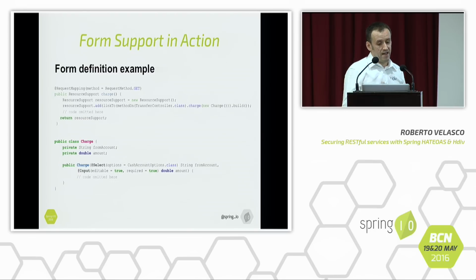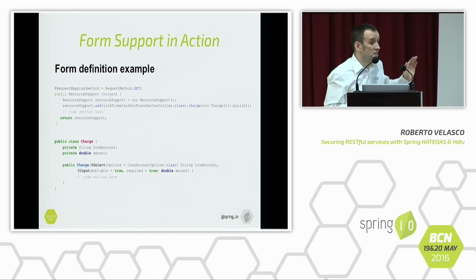We are on the server side. We are defining formally the composition of the form. Okay, that is something that nowadays, even when using HATEOAS, many people are not doing. I mean, you maybe have some static definition or static documentation, but you don't define which are the specific fields for this user, okay?